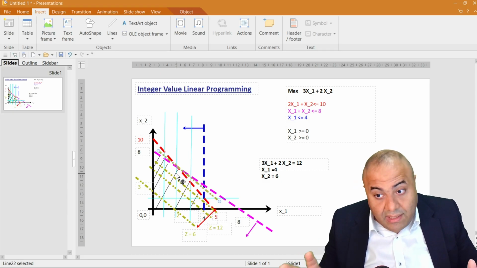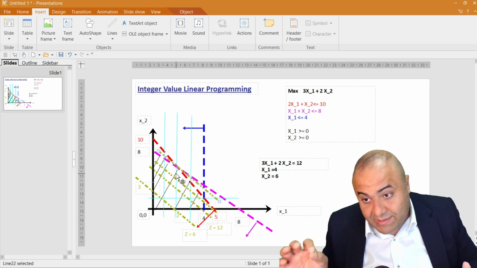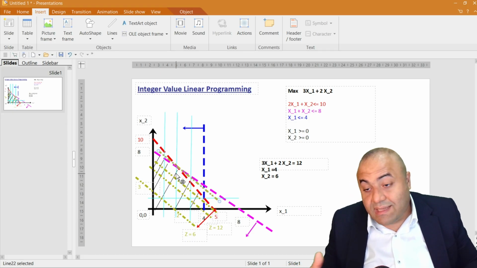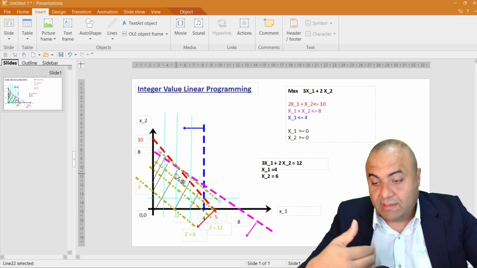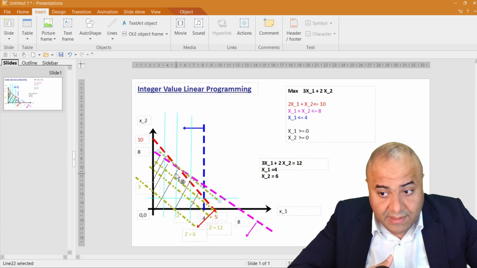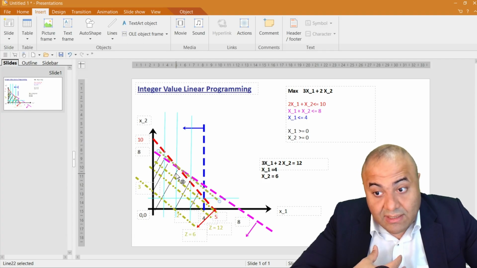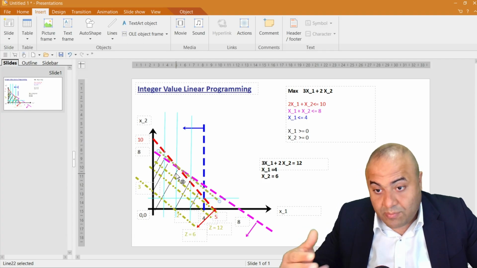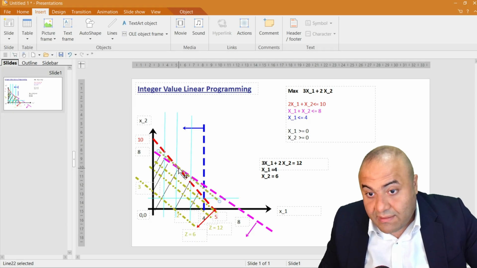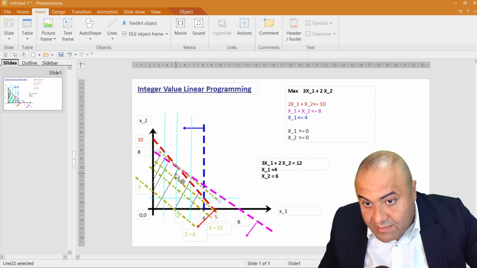Now here our solution is going to be an integer. However, there is another way to start from integer linear programming that is called relaxed integer linear programming, which is basically a relaxed problem in which we can start from an approximate number.